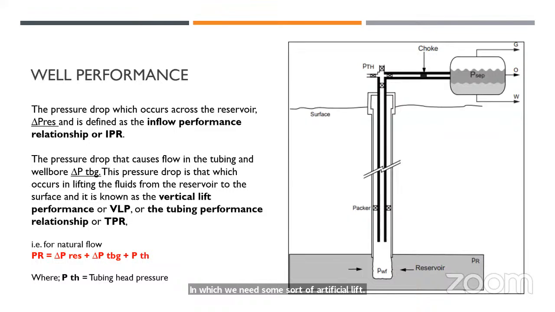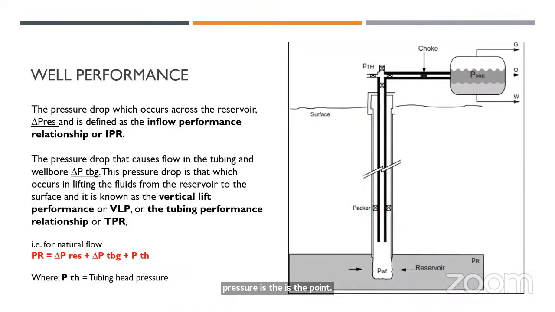To analyze this well performance, the first concept is inflow performance relationship. Inflow performance relationship is the pressure drop that occurs from the reservoir till reaching the BHFP, or bottom hole flowing pressure, which is the point in front of the reservoir.